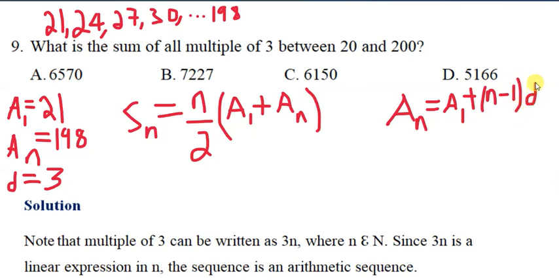Now we have an, a1, and d. It is simple to find the value of n, the number of terms in this case. Our an is 198, and our a1 is equal to 21, and the common difference is 3.